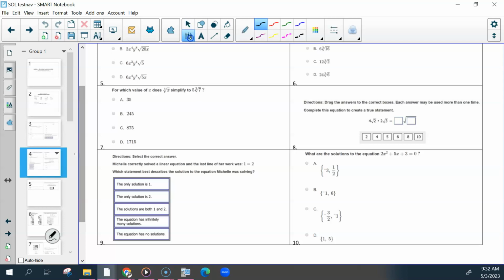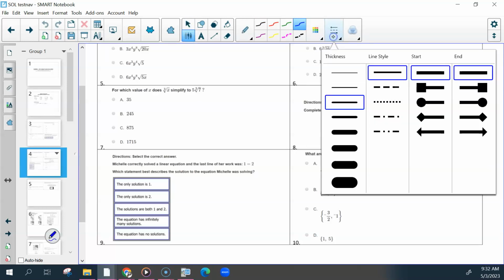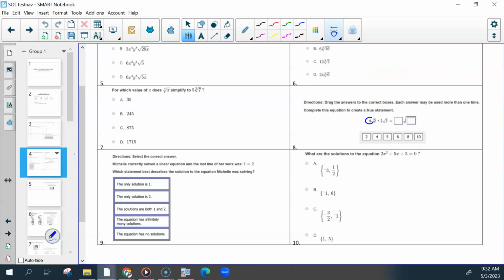I will go back and do this one in Desmos. But if you take the things on the outside and multiply them together, and take the things on the inside and multiply them together, you should get 8 and then 6. If I were to put in both of those things, I should get the same answer.